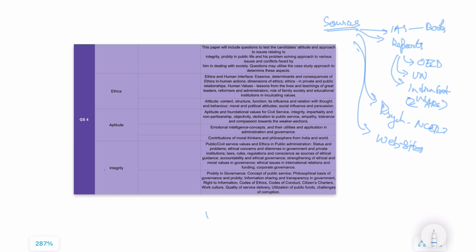Unfortunately, as in history, there is no one source which can cover it all. We will have to dive down into each of the topics and then hunt for better sources. Ultimately, your previous year questions will be your guiding light, right? And that will decide your source plus your depth. We'll keep it to this for now.